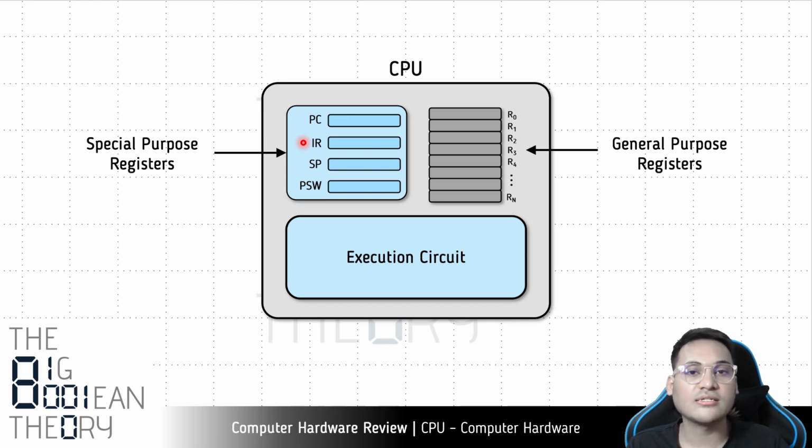So these instructions will have to be fetched. When the instruction which has to be executed is fetched, it is first stored in the instruction register. And when the instruction is in this register, the CPU can then decode what kind of instruction this is, what is the operation that has to be performed, what are the operands that are part of this instruction. So this is the placeholder for the instruction that has to be executed, right?